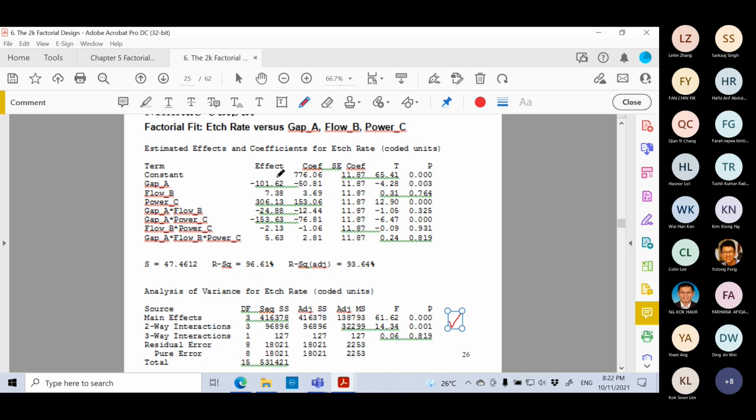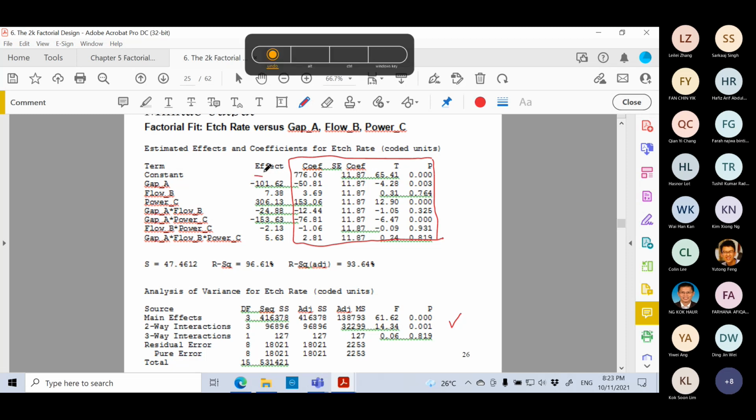The effect itself, of course, you know, you have studied the effect. But besides the effect, all these other things, I believe you have never seen before, because this is about the model part. When you run the result, they will come out all together. So for the time being, we only need to know about the effect. The important thing is just the effect itself.